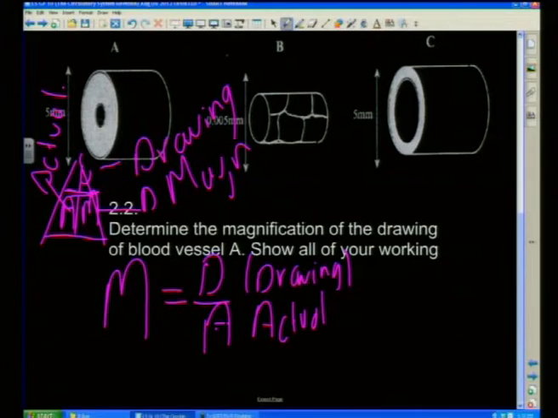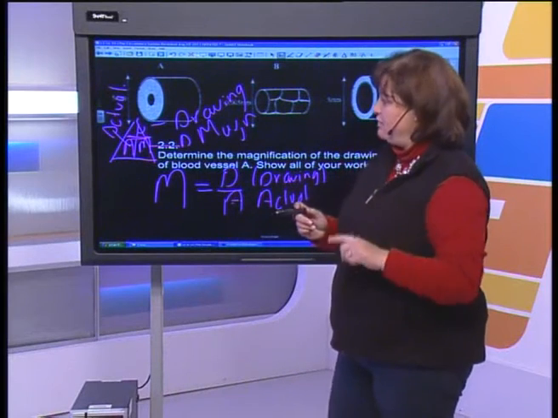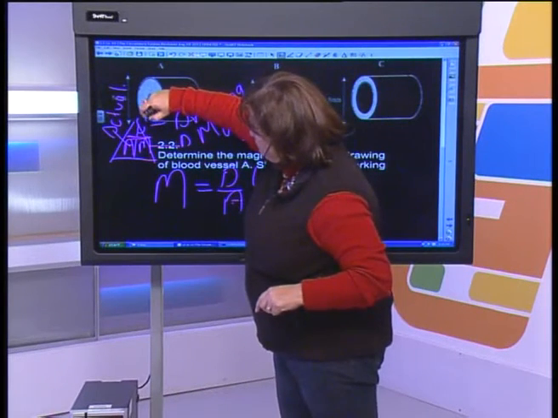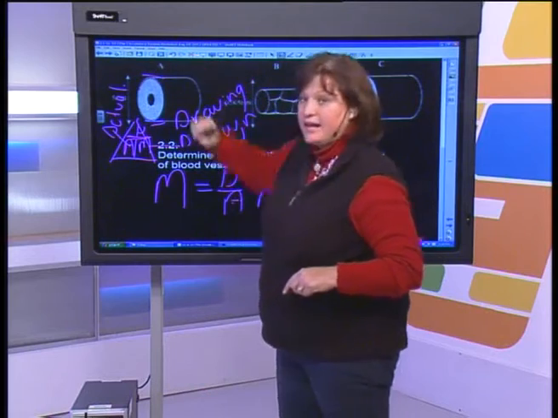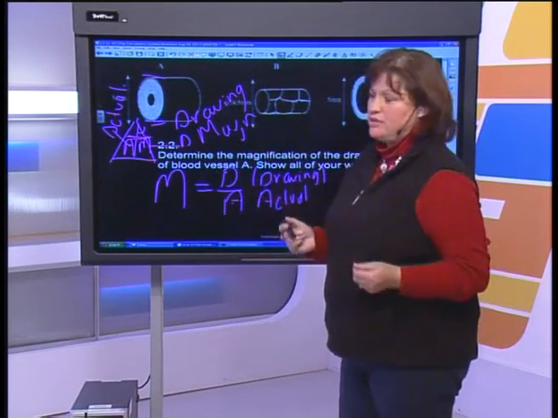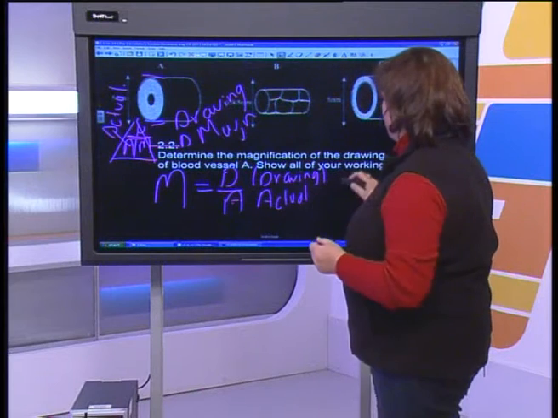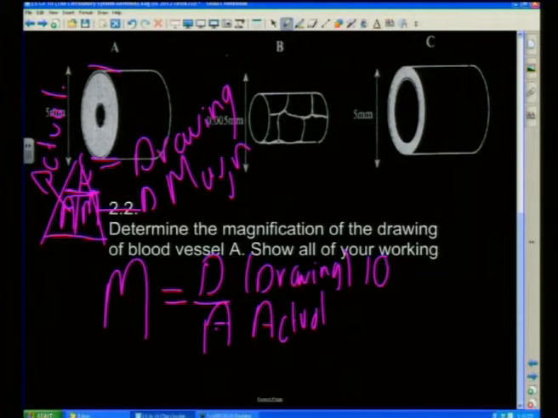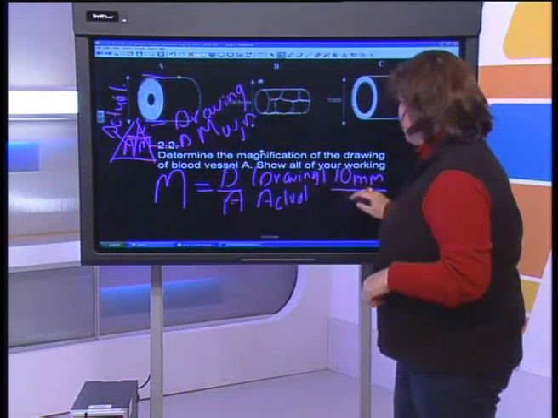So now I take my ruler out and I measure very accurately from here to here. That is my drawing size. I'm just going to use an example. Say, for example, it is 10 millimeters. Keep to your units of measurement, millimeters. The actual, they've given it to me. They've told me that it's 5 millimeters.